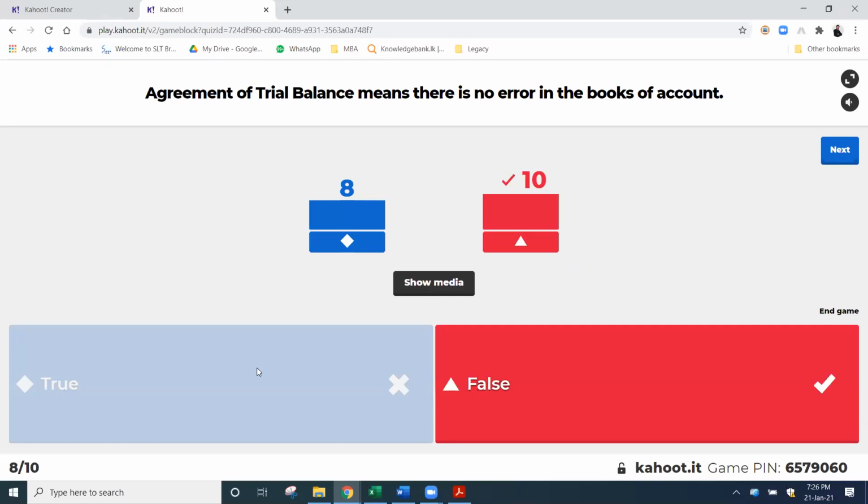Even though the trial balance debit and credit are equal, inside there can be errors. So the answer for this is false.